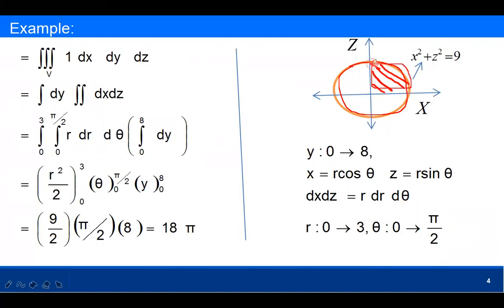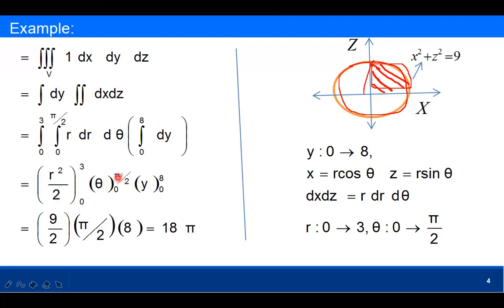So substitute these limits. Integral dy, double integral of dx dz. Integral of dy, that is y, with limits 0 to 8. And for the integral of r dr, that is r square by 2 between the limits 0 to 3, and integral d theta is theta between the limits 0 to pi by 2.